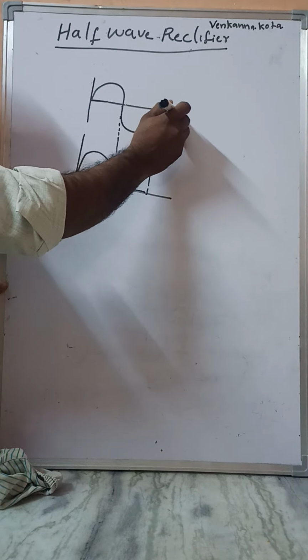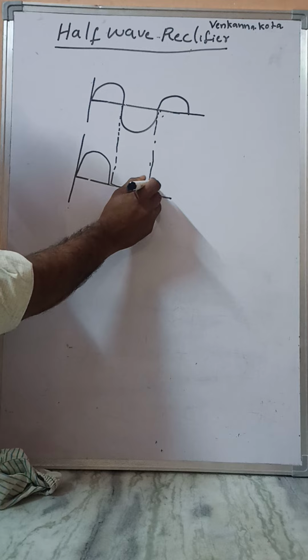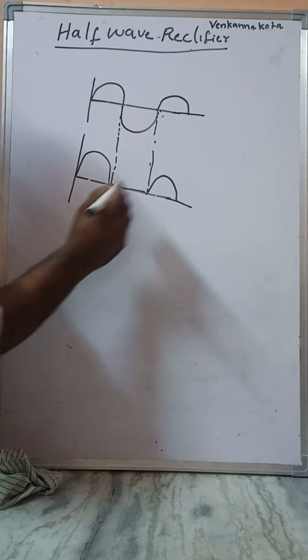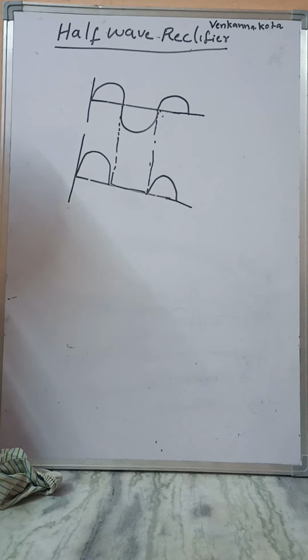Similarly, during the positive portion, the output is the same as the input. So this is the output of the half-wave rectifier. Now I want to discuss the circuit diagram of the half-wave rectifier.